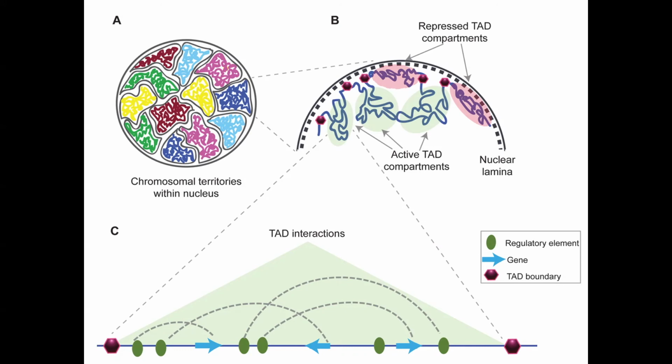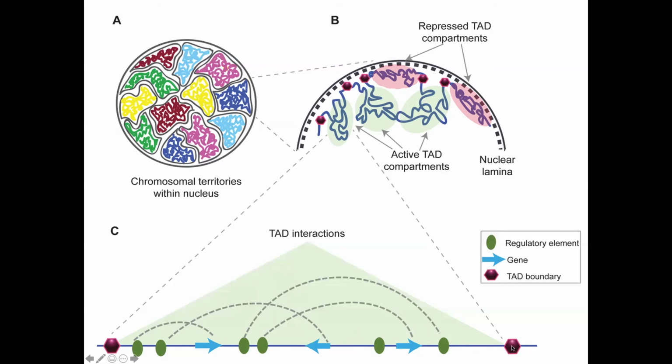But there are also active TADs, these compartments shown here. These TAD regions contain genes that have high levels of transcription. There are certain DNA sequences that set a boundary for each TAD, shown by this red colored boundary here.